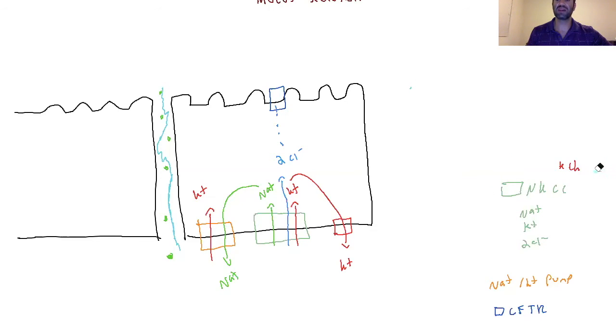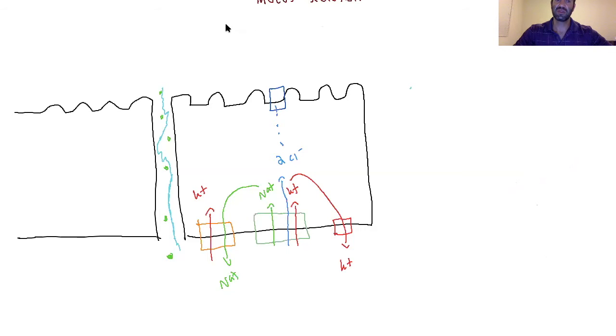So instead of the mucus being diluted with saline and being able to move up the mucociliary escalator, which wafts up the mucus to the mouth, you're going to have very thick, immovable mucus.